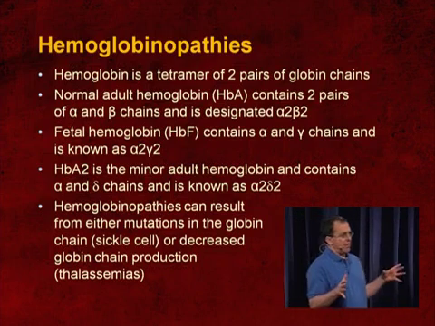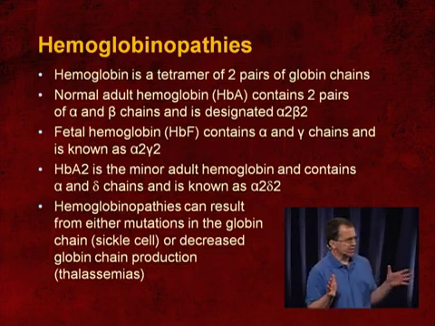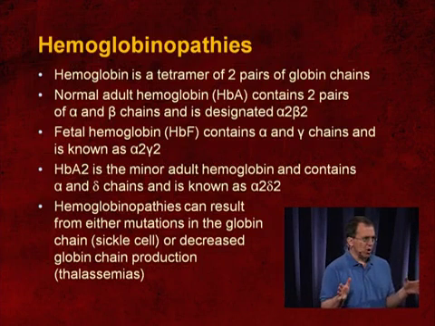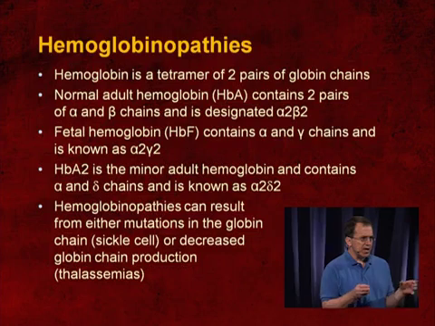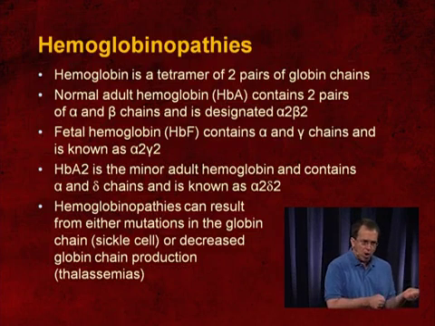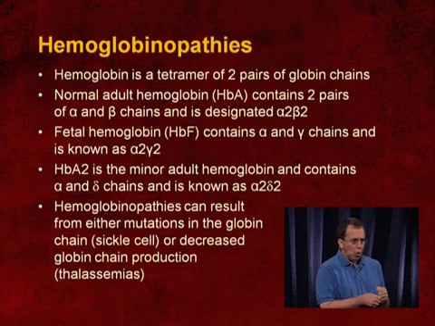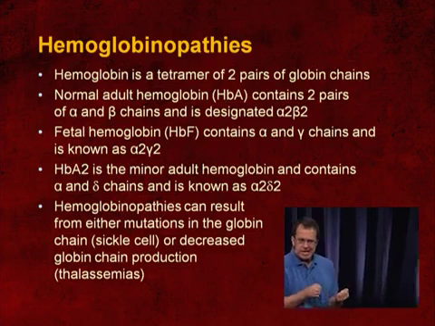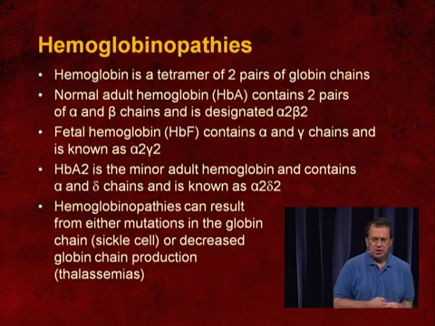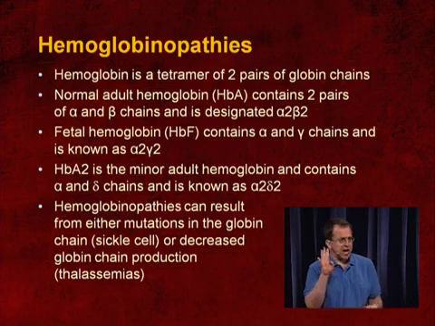So hemoglobinopathies. Okay, remember, they're a cause of anemia. They're bad hemoglobin. They can be either you don't make enough of some part of the hemoglobin, or you make a part of the hemoglobin in not the correct way. So a hemoglobin is a tetramer. Everybody remember that?